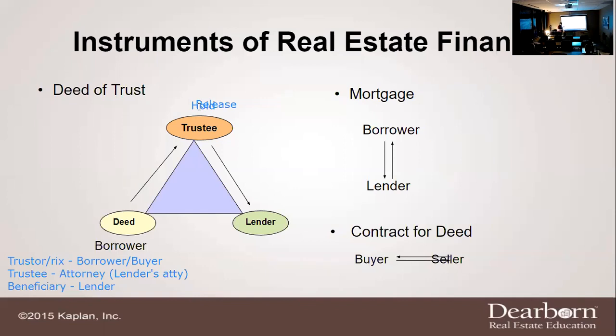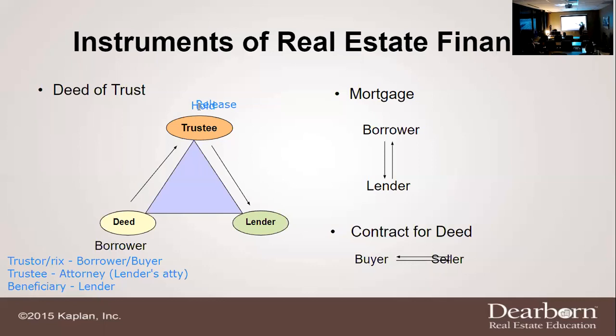Now, yes, this may seem very complicated. But if you are the creditor, the lender, you love this, because you're going to get your property quick. Versus the mortgage part here, you'll notice the borrower and the lender, it goes back and forth. But here's the thing: for the lender to get their property back from the borrower, they have to sue. So they have to go through the judicial realm.